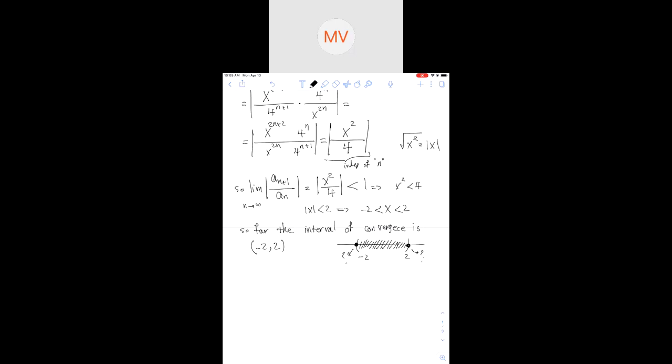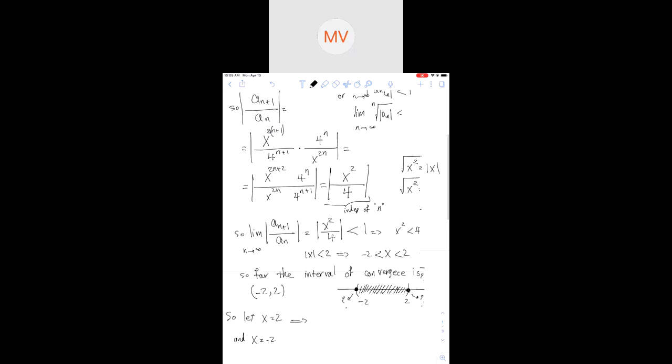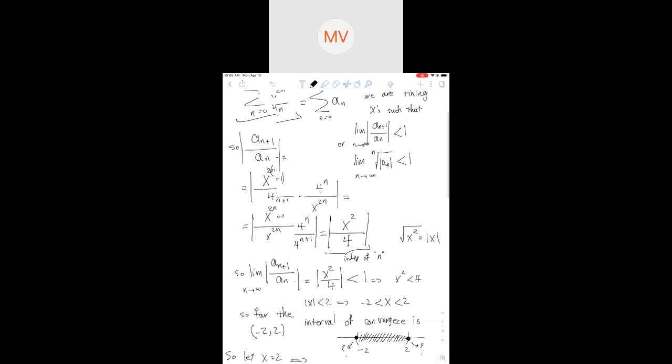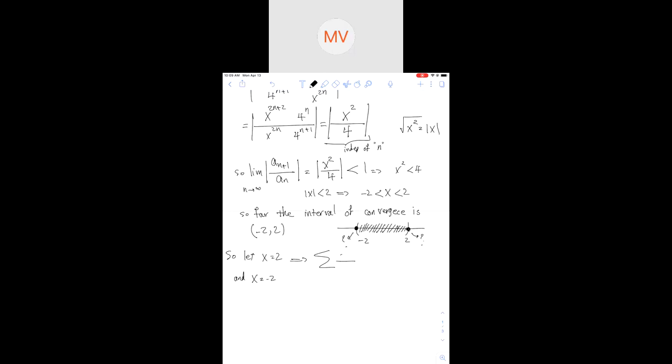And there's only one way to do it. You let x be 2 and x be -2 and see if the power series with this x value converges or not. So if x equals 2, let's go to the original series. If you let 2 in that, you get 2 to the 2n over 4 to the n, starting from 0 to infinity.